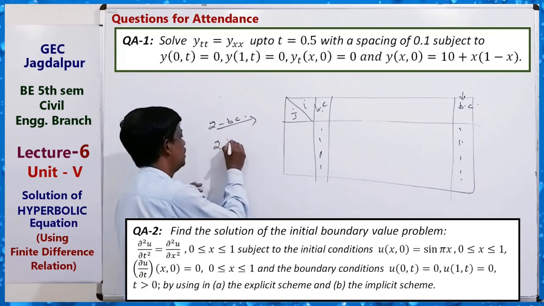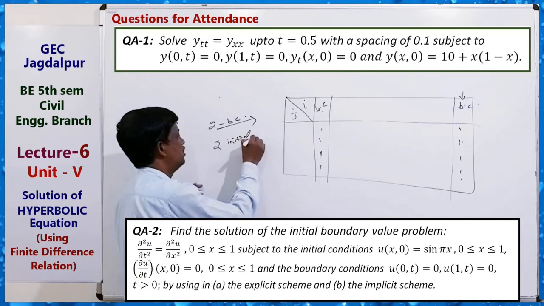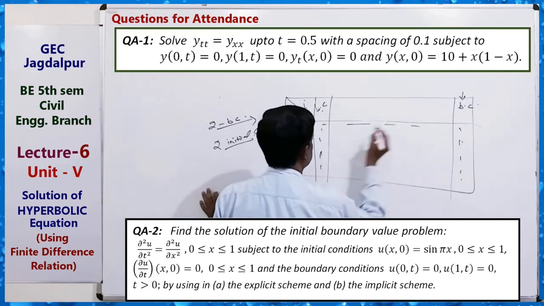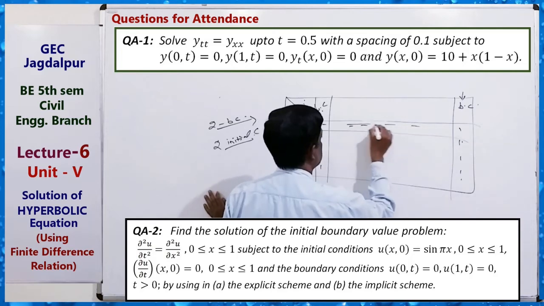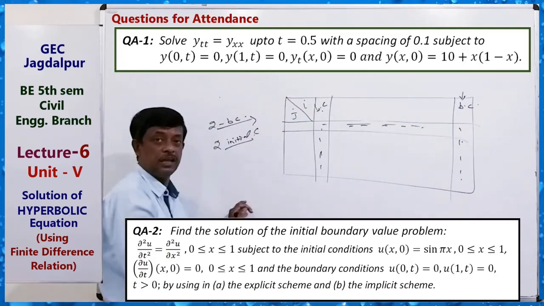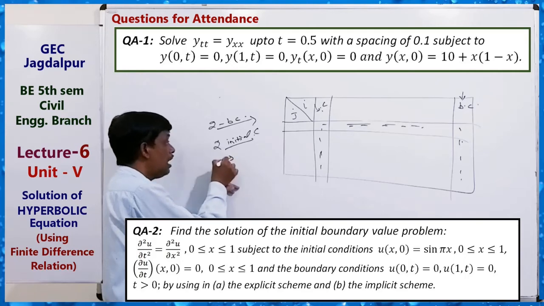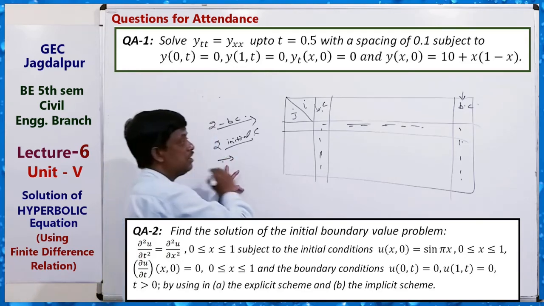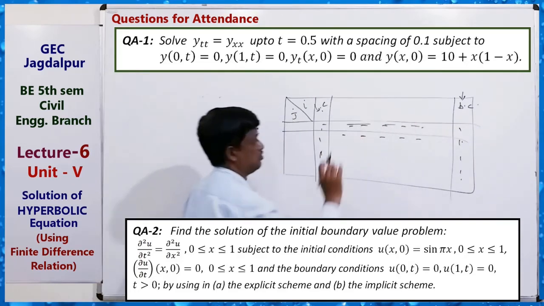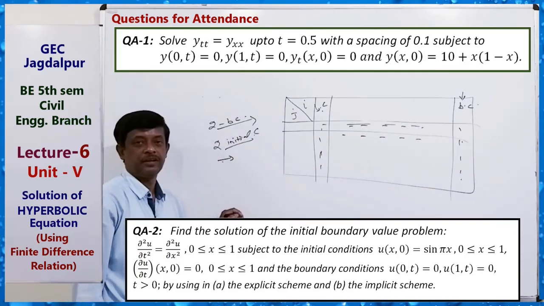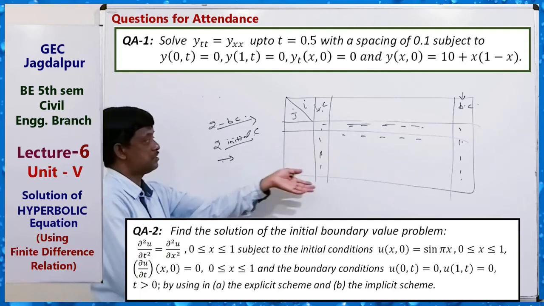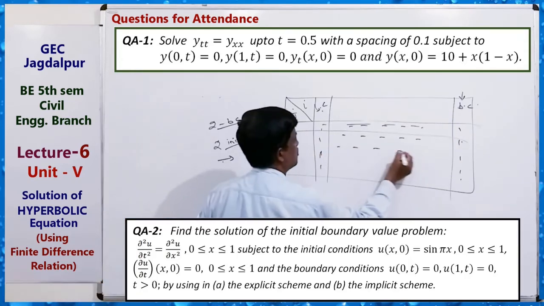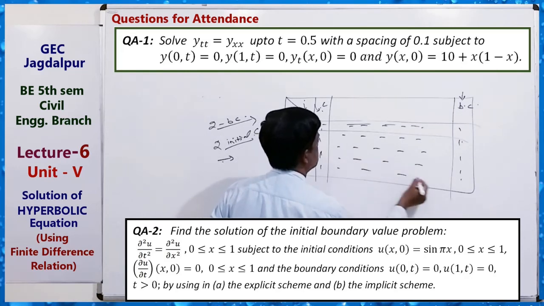And the first initial condition and second initial condition, along with the main formula, combining, we can get these values. After getting these values, by the same process, you can get all the values at all the mesh points.